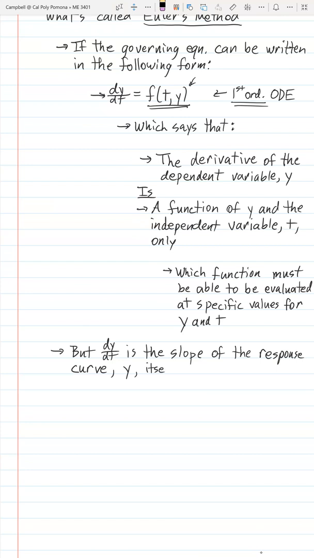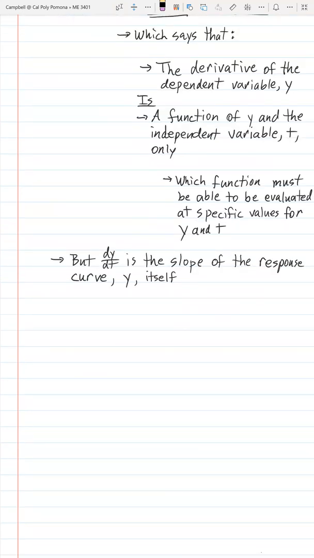And here I'm capturing that Y is the response that we're interested in. And so what does that mean?